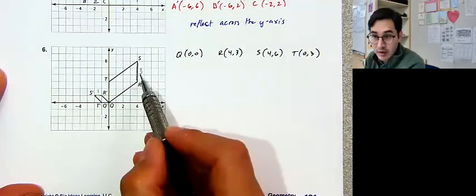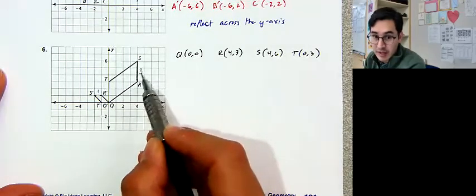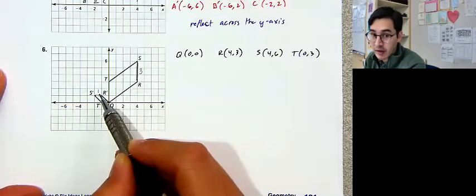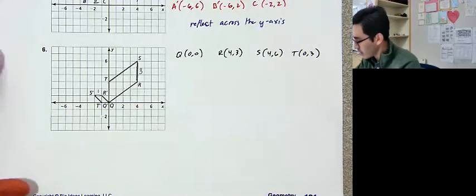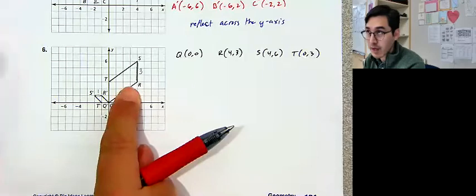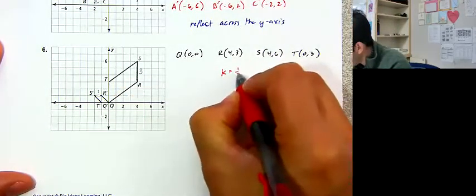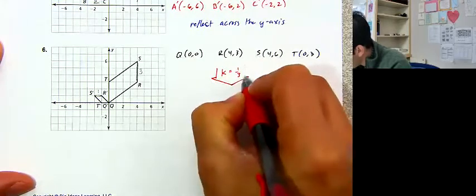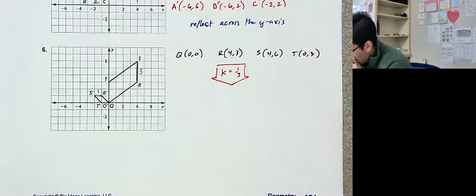So our pre-image has a measurement of 3, and our final image has a measurement of 1. So we need to reduce this by 1/3 to make this smaller. So we're going to use a scale factor of 1/3.